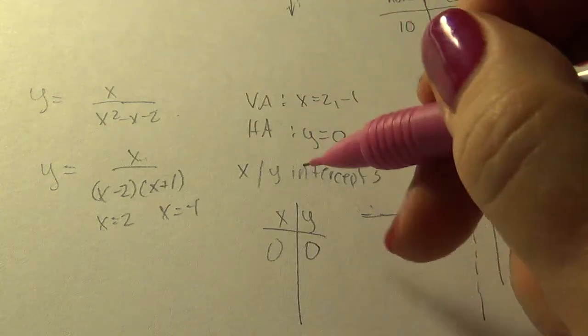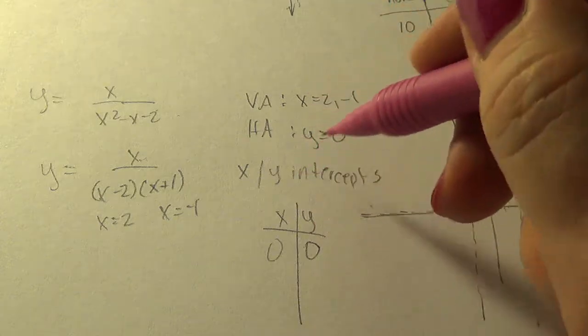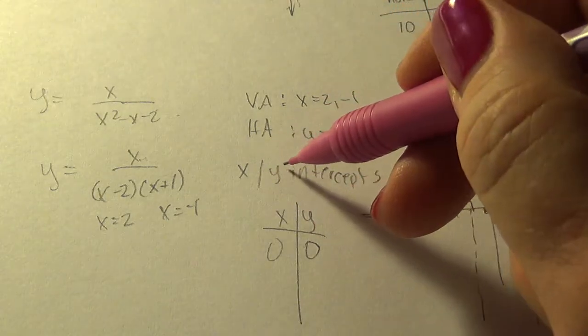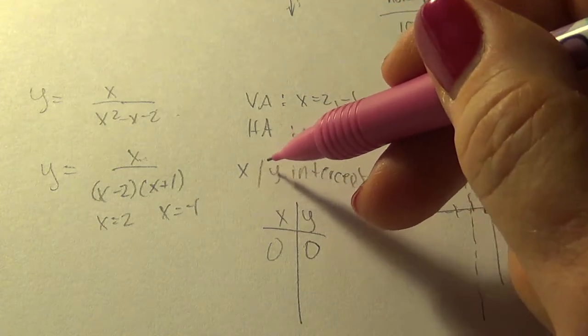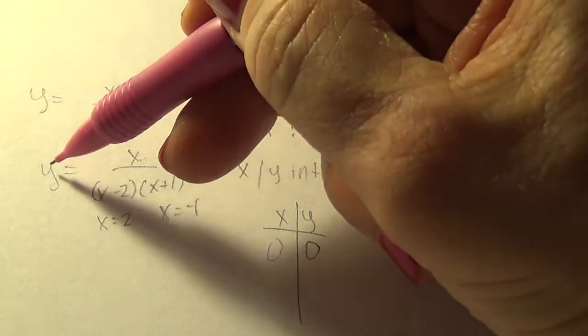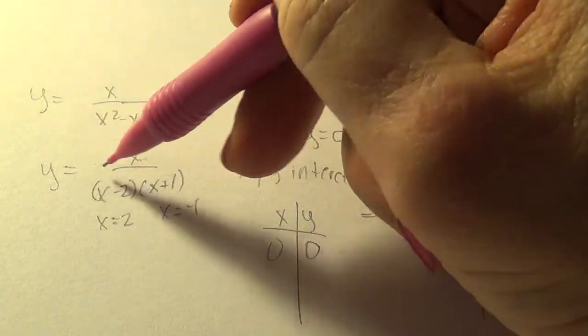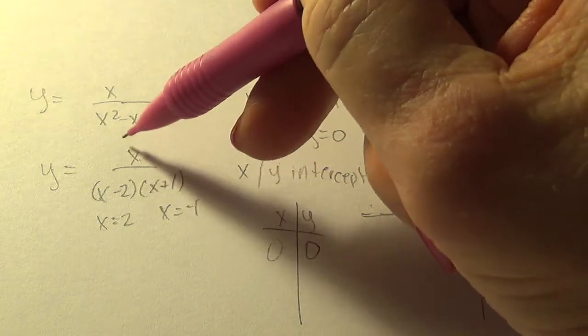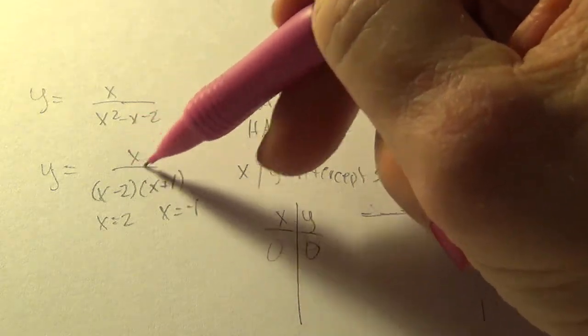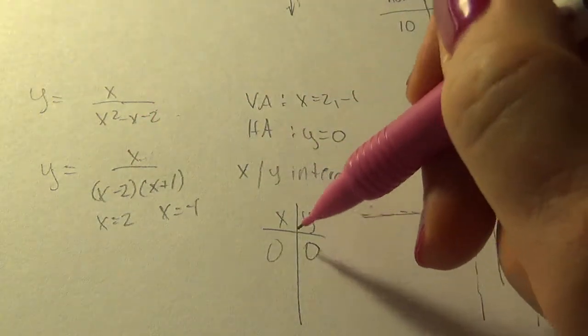So how can we tell? Well, when we were looking for where it crosses the x-axis, the zeros, you put a 0 in for y and solve for x. So this, in other words, what causes the numerator to be 0? So we got that one.